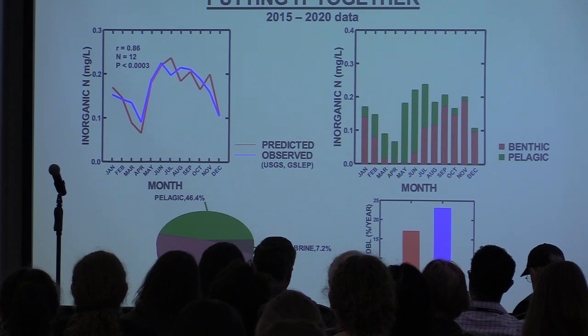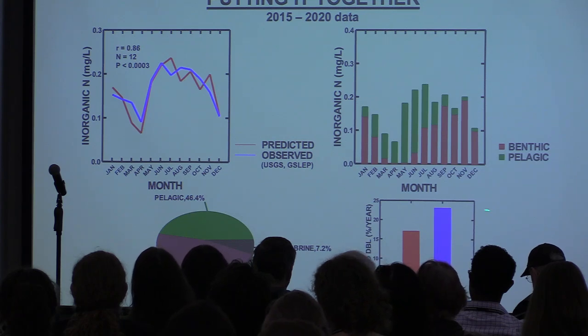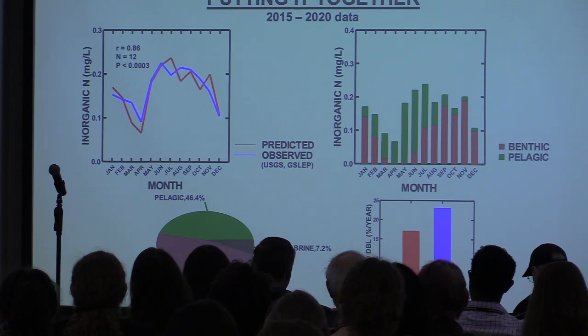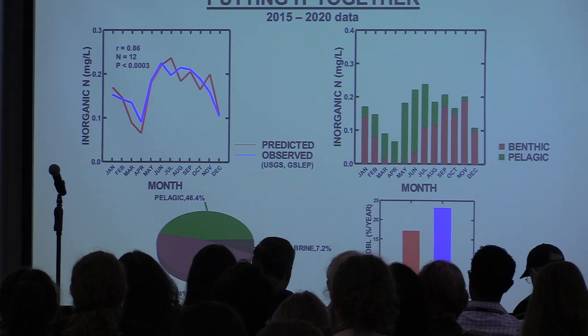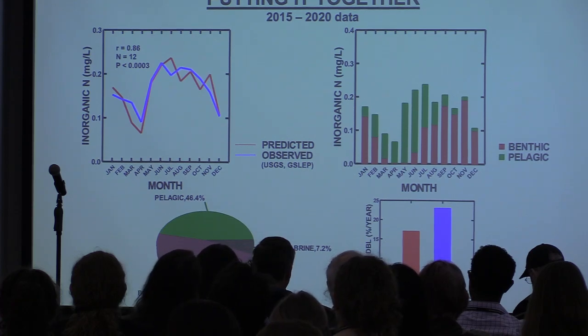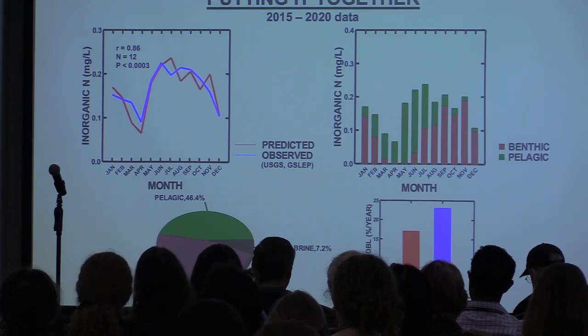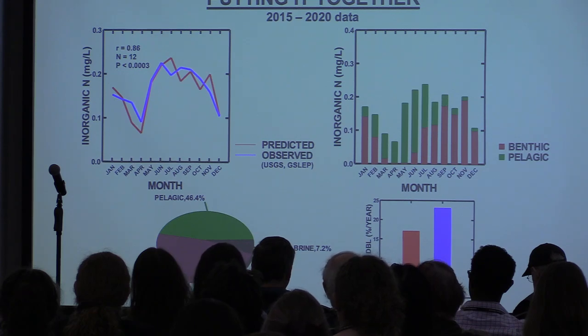So something is going on that leads to a little more of the nitrogen going into the deep brine layer than what we're predicting. My guess is there's some lateral flow that's not being taken into account. Everything that I'm using here in the model assumes it goes straight down to the bottom. And if there's lateral flow, it can go over the edge and down into the deep brine layer. I think that's what makes up that difference.